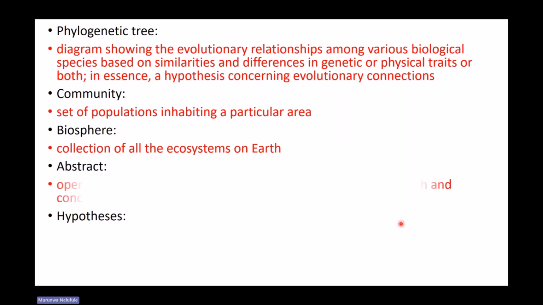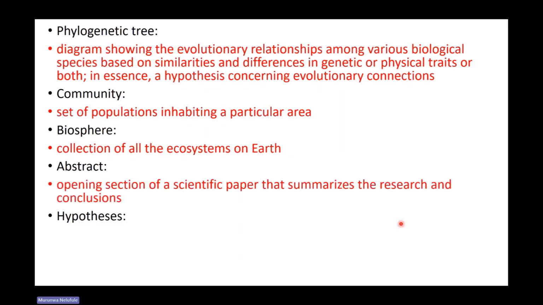So it's a summary, but it's an opening section of a scientific paper. Normally, if you're reading a scientific paper or an article, at the top there will be an abstract section which summarizes the research and the conclusion of that particular paper. And our hypothesis, we talked about this.